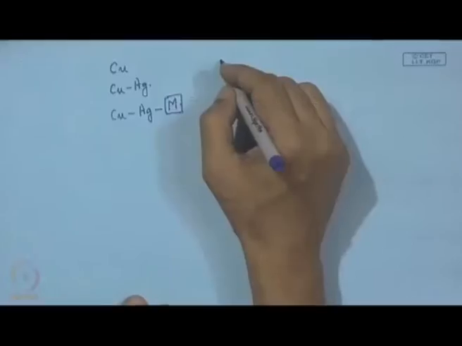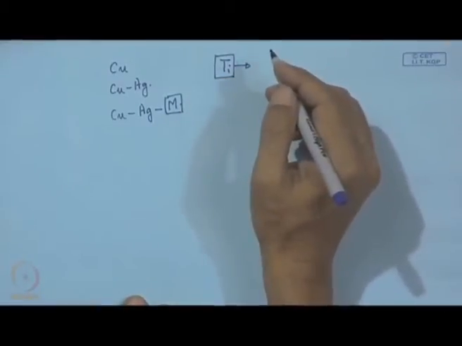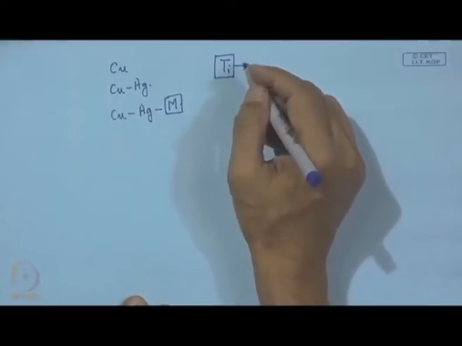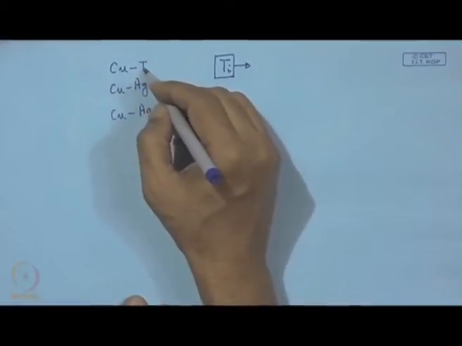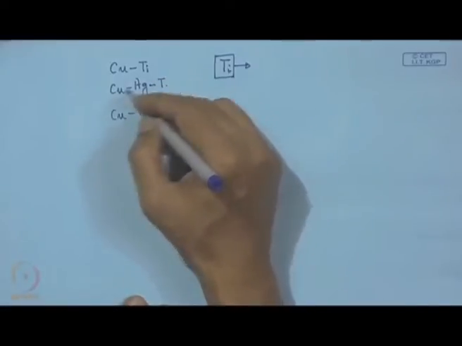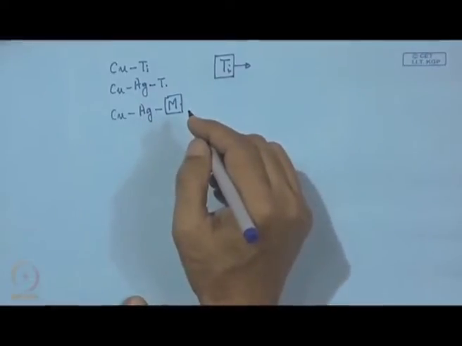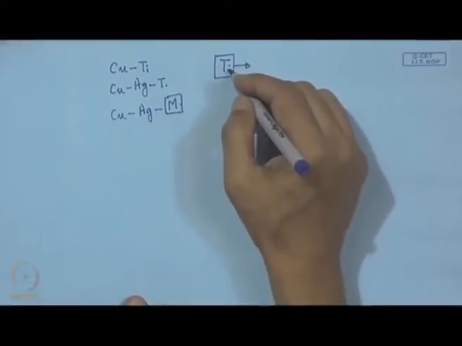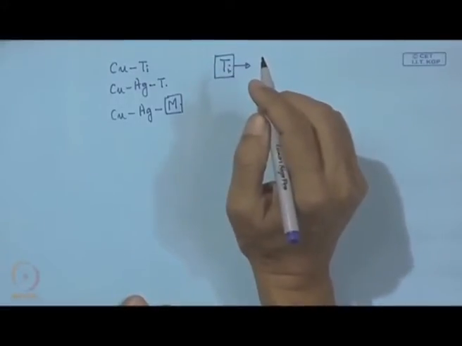Now, if it is a reactive element, say for example titanium, what should be the concentration level of titanium to promote wetting? Is the same amount of titanium required with copper, with this copper silver, or when we have a ternary passive alloy, do we have to increase or decrease the concentration?